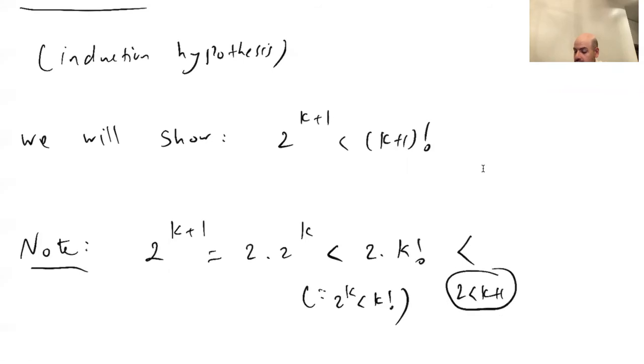Right? Because remember, what do we know about k? K is, of course, a natural number here. So k is at least 1, and therefore k plus 1 is at least 2. And therefore, this is less than or equal to k plus 1 times k factorial. But k plus 1 times k factorial means k plus 1 factorial.